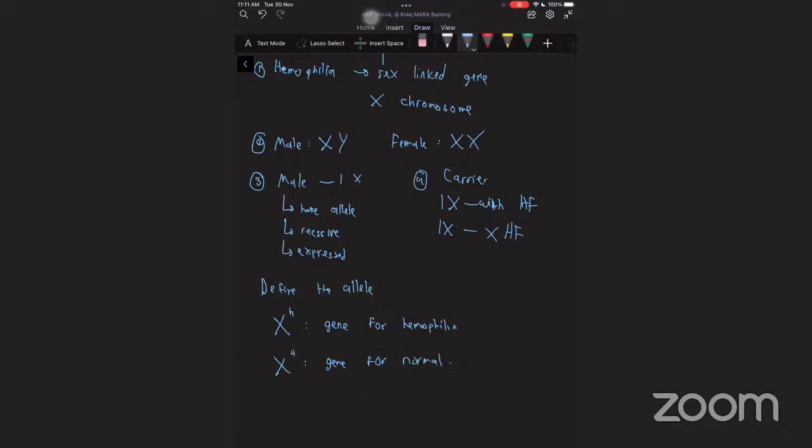Note, as put in the mark scheme before, do not say that hemophilia is carried on the X chromosome. Hemophilia is not carried on the X chromosome; hemophilia is carried in blood. What's carried on the X chromosome is the gene for hemophilia. So be careful of that particular term.